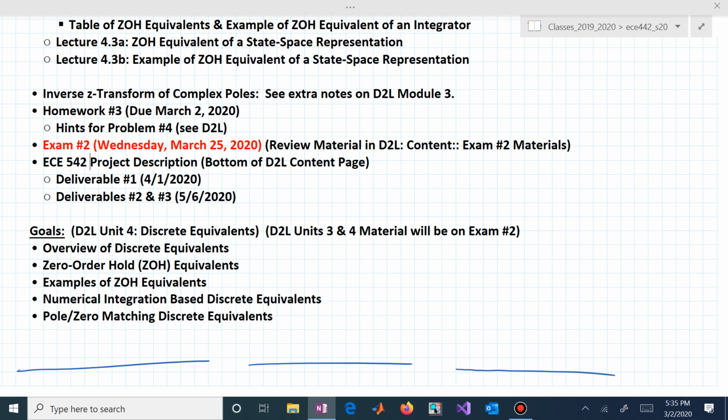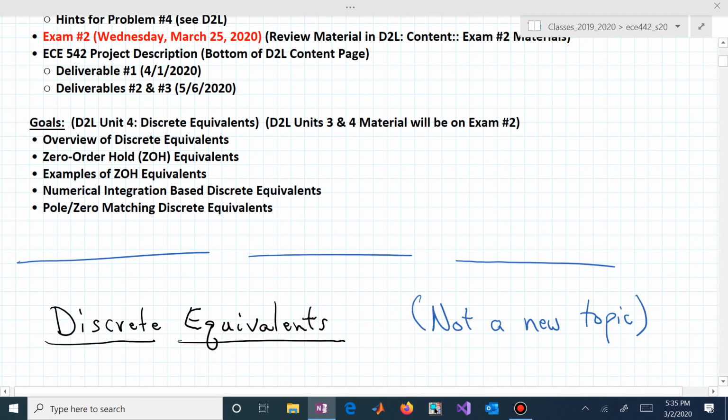So between today and Wednesday, you could do lecture 4.2 and 4.3. Those are all based on zero order hold equivalence. The lecture on Wednesday, or the next lecture, will be on numerical integration strategies for discrete equivalence, and then probably after spring break we'll talk about pole zero matching or pole zero mapping strategies for discrete equivalence.